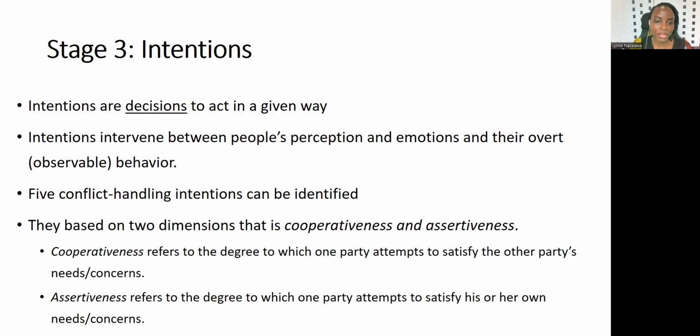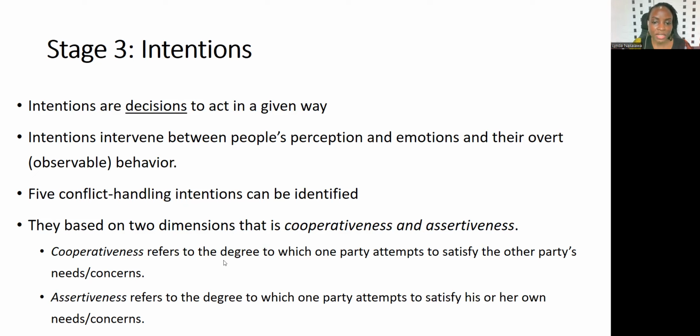And there are 5 different conflict handling intentions that have been identified. These conflict handling intentions, the 5, are based on 2 dimensions. Remember in our primary and secondary school mathematics where we had the y-axis and the x-axis? Yes, it is sort of an x-y axis here, where we have cooperativeness on one axis and assertiveness on another axis.